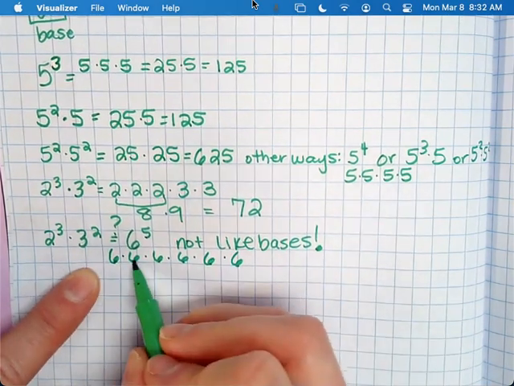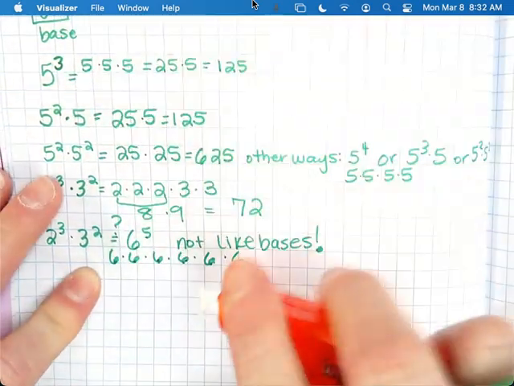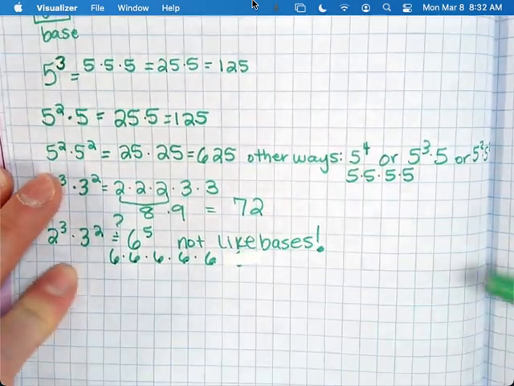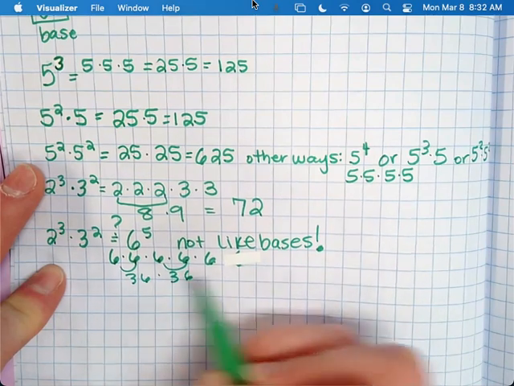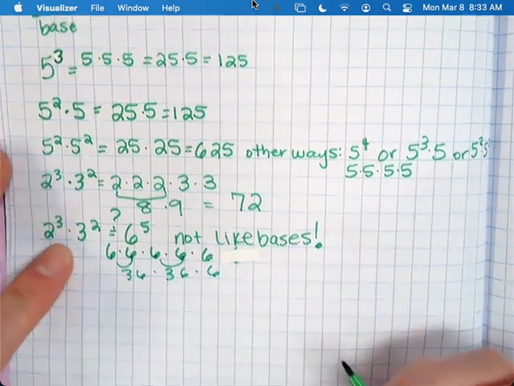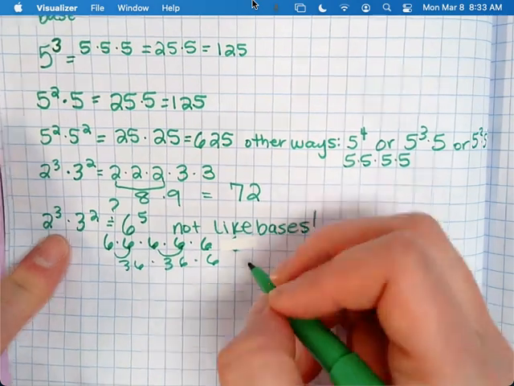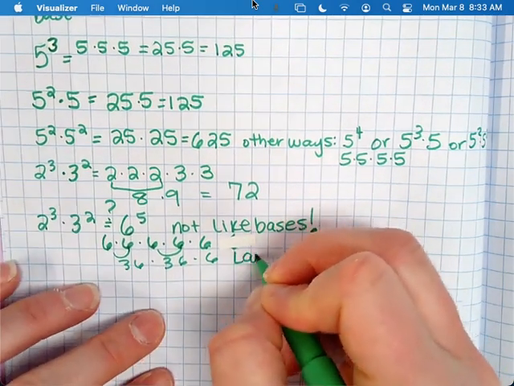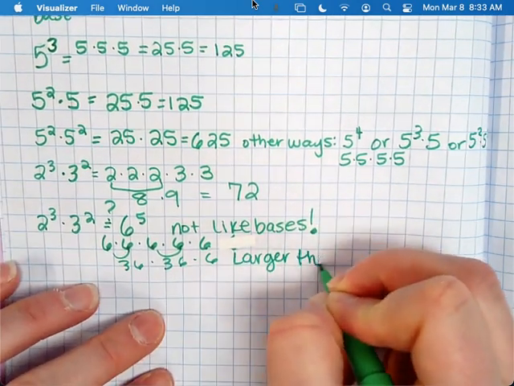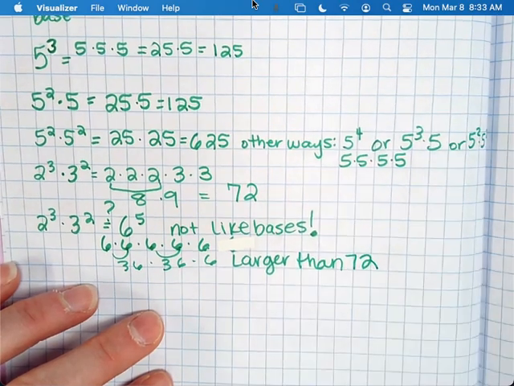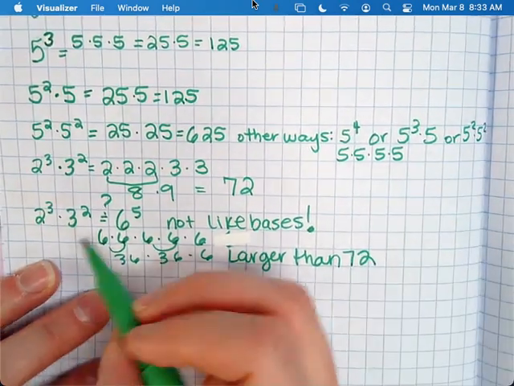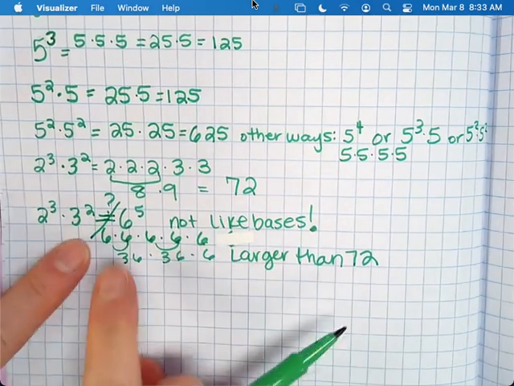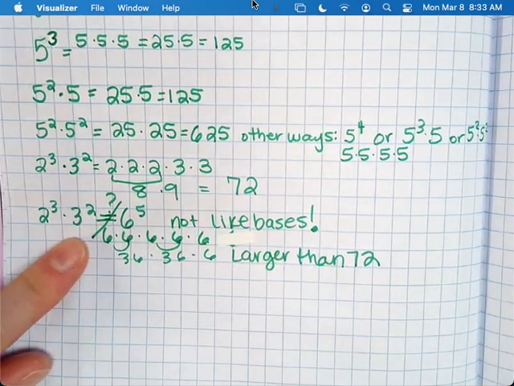Oh, hold on. 1, 2, 3, 4, 5, not 6. So that's 36 times 36 times another 6. Well, we know that's going to be huge, right? We know that's going to be larger than 72. So we know they are not equal. So I'm going to put a line through that equal sign. So I know it's not equal.